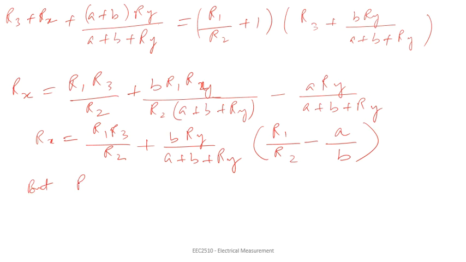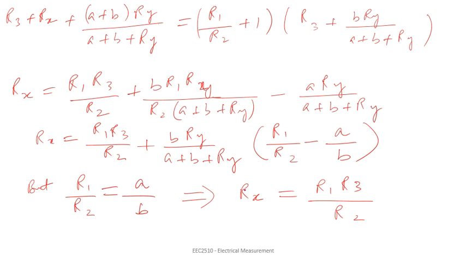Okay, now after reaching this step, you know that this ratio, that is R1 over R2, is equal to A upon B. So this has to be equal. If this ratio is equal, then the above equation will get you Rx equals R1 R3 over R2.